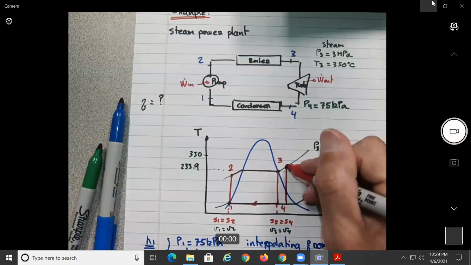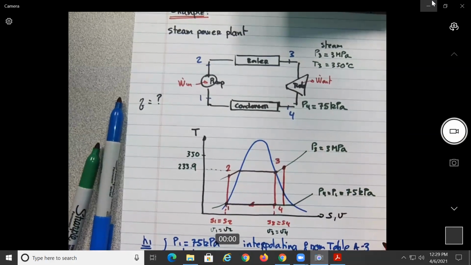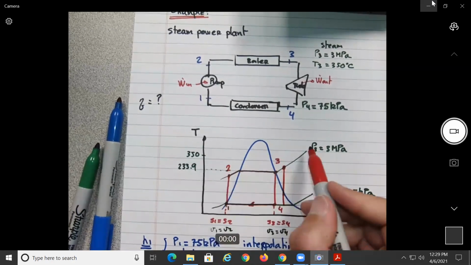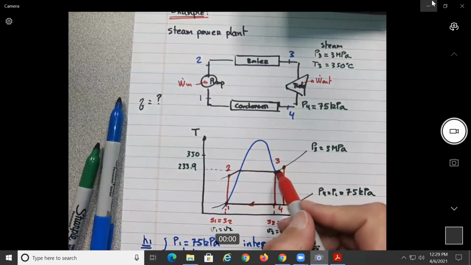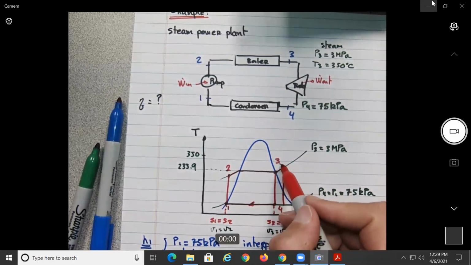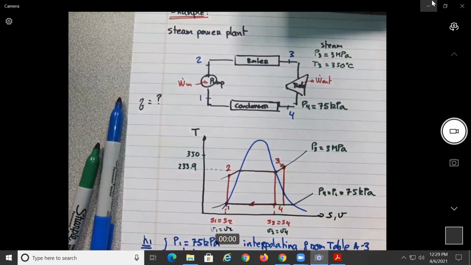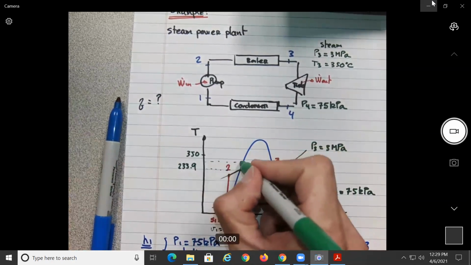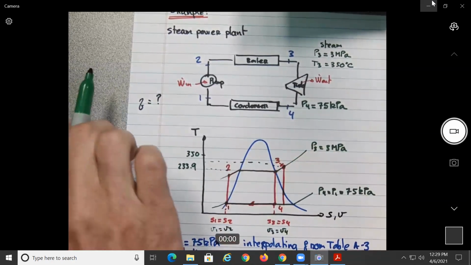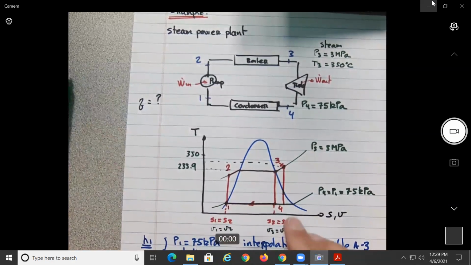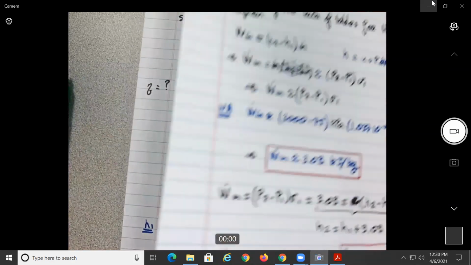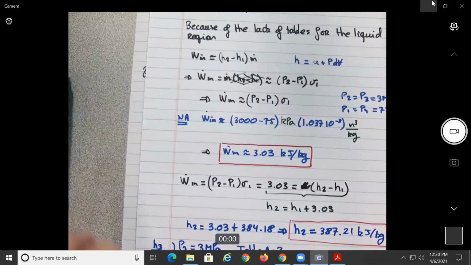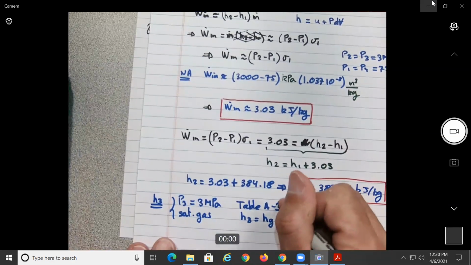Really our point 3 is over here, no? I mean, really it should be all the way on top, but should be right here and not here, no? Yeah, where this temperature here would be the 350. So that means that we need to go to table A4 for H3. We don't have the choice. So table A4.